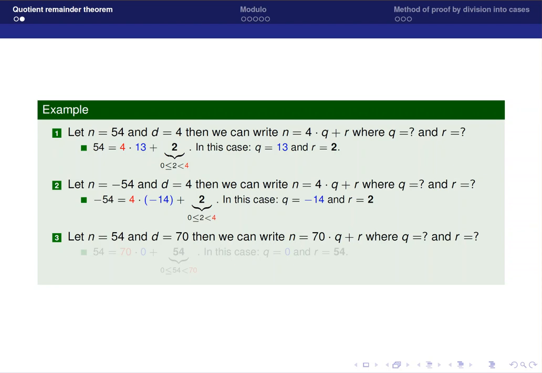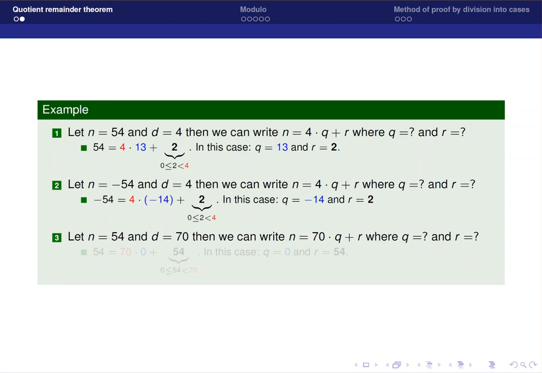This even works when n is negative. In example number 2, n is negative 54, and the divisor is 4. So what would happen if I divided negative 54 by 4? Keep in mind, I'm always searching for a remainder that is a positive value.